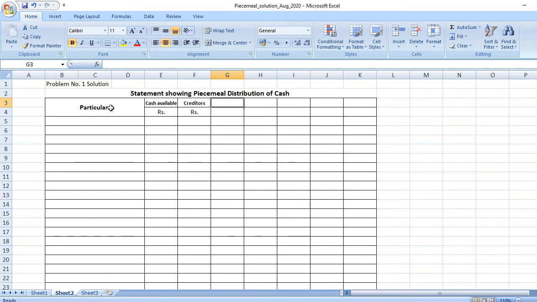Then we have to pay the loan from Q, and after paying the loan from Q, we have to pay partners' capital.